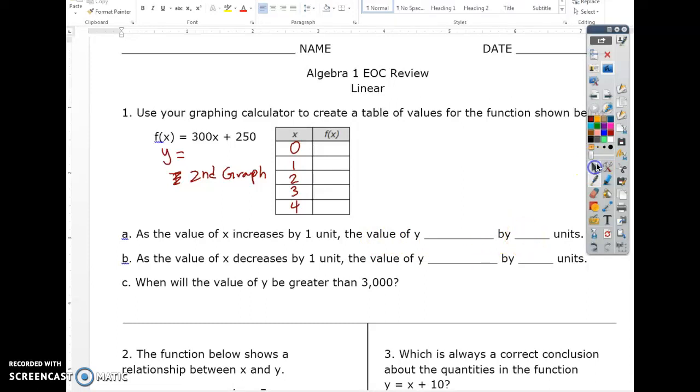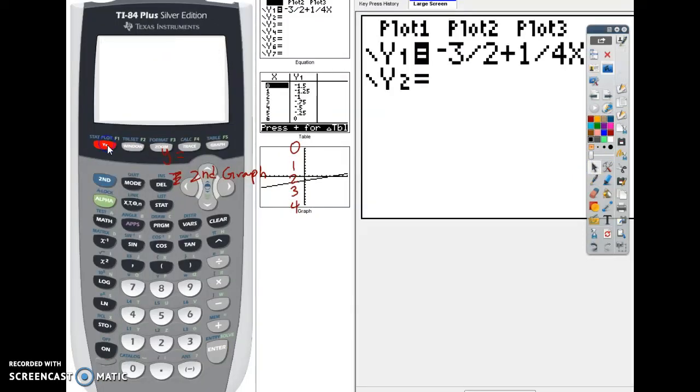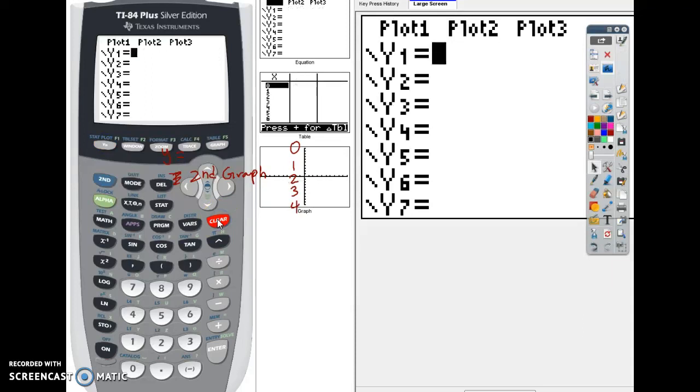So let's go look. Y equals 300x plus 250, second graph.